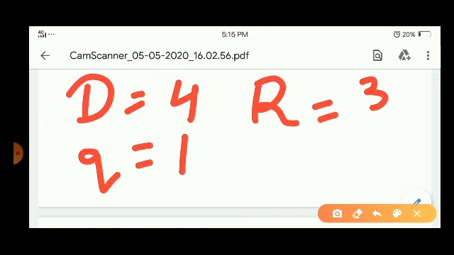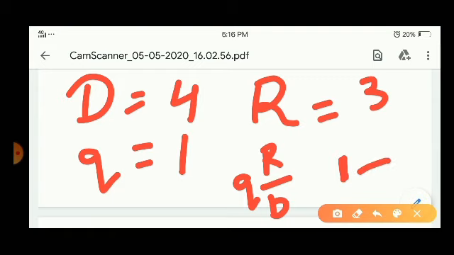Now what you have to do? QRD. It means Q, quotient was 1, so 1 as whole number, then divisor as denominator, that's 4, and remainder as numerator, 3 is your remainder.